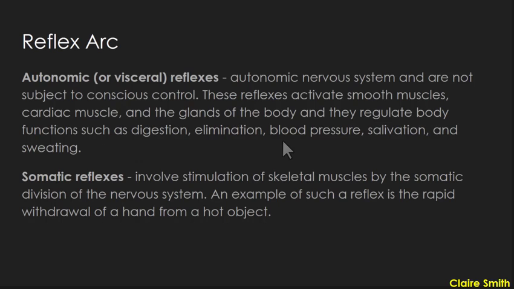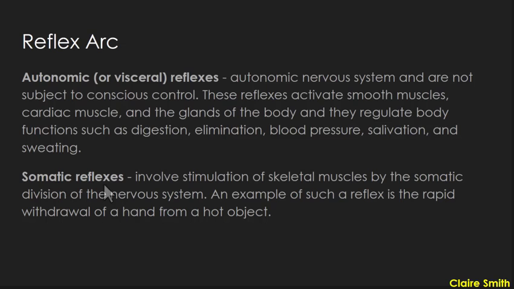Those automatic functions still have to have information being sent from the central nervous system. So those are autonomic reflexes.